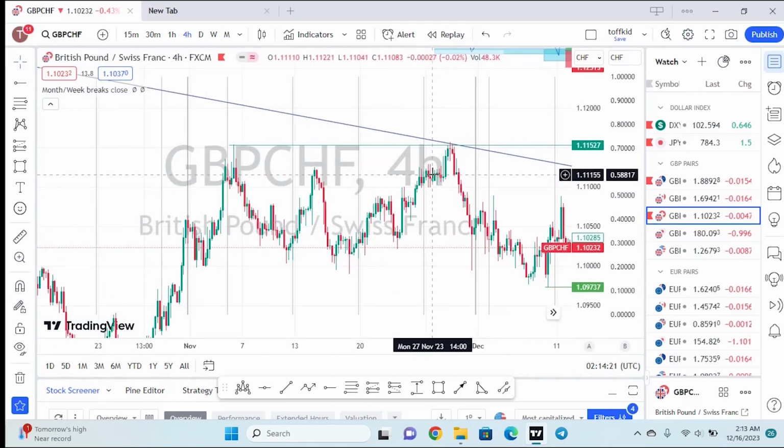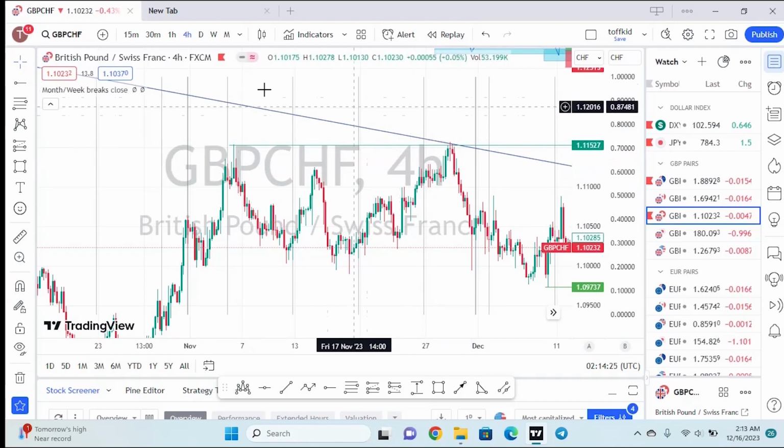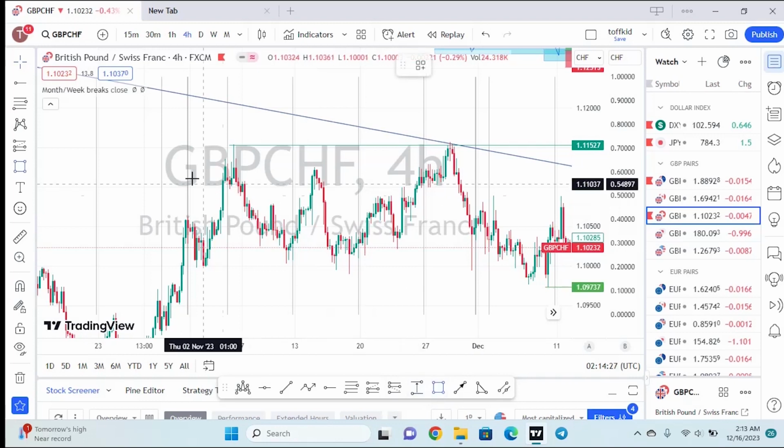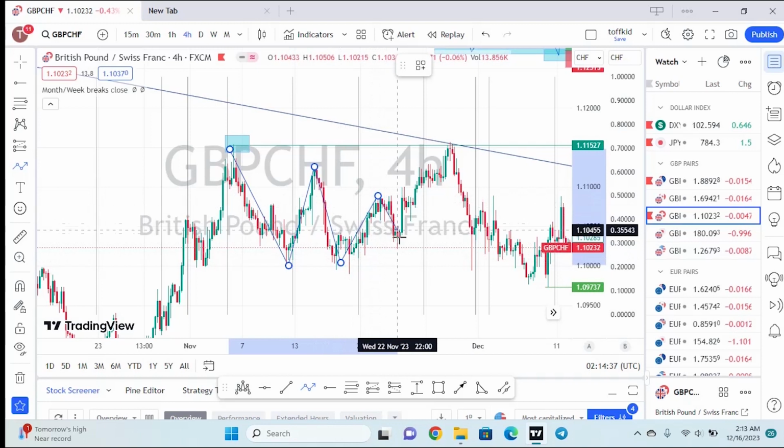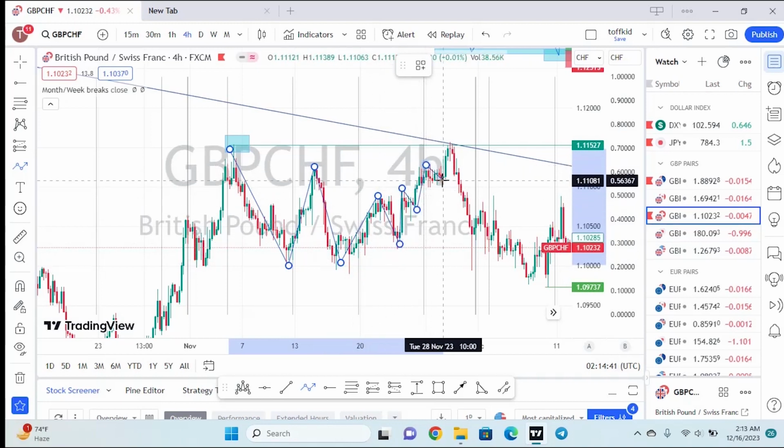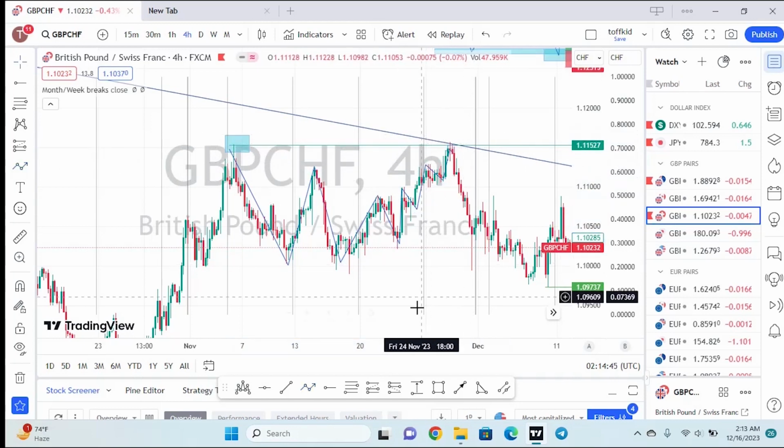So if you come on GBP CHF, here was our first touch. Here was my very first touch. So I wait for a second touch right at this point. See price push all the way here, push back up, came back here, push back up once again, and now finally price is touching here for the second time.